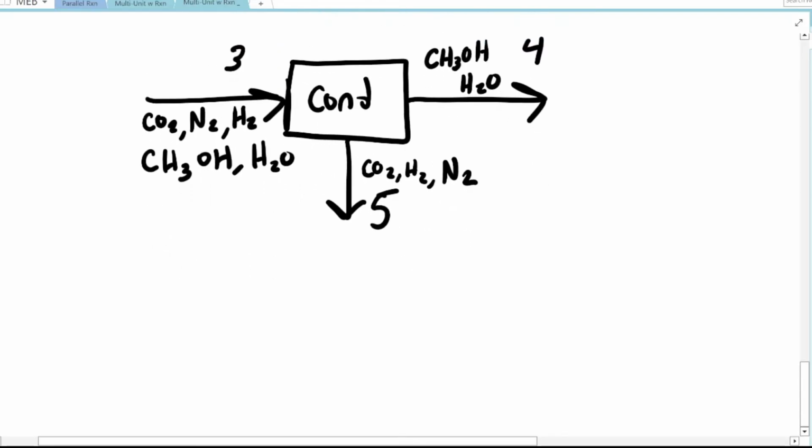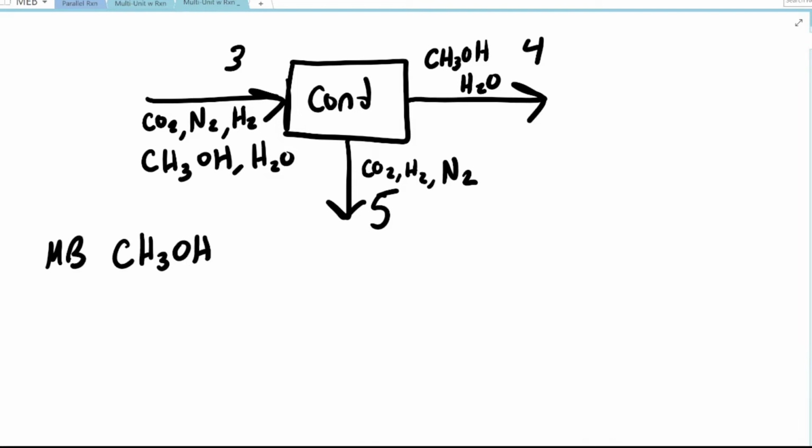So if we, for example, did a material balance for methanol, CH3OH, what you'll see is that N3 CH3OH is going to equal N4 CH3OH. And as a reminder, for all our material balances, for something like this, it's going to become in equals out because there's no reaction.